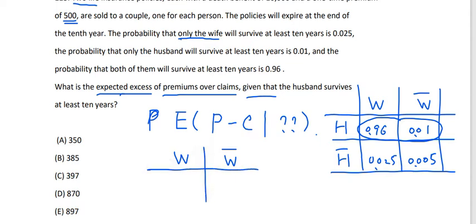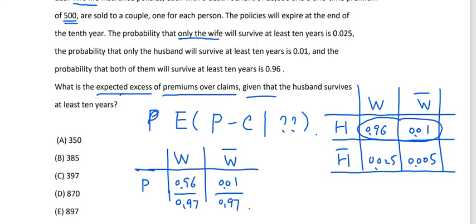So the probability is 0.96 or 0.001. But this is not a distribution. The total probability is not 1. So we just make the total probability 1. So here we add them up, right? So this is the condition.